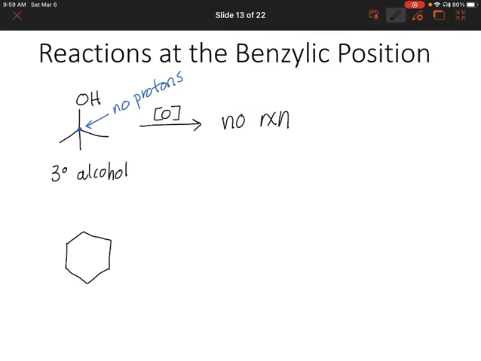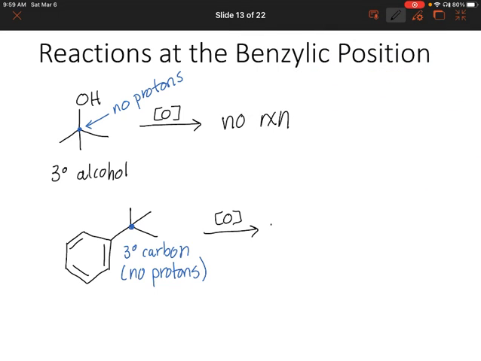So let's say we have a tertiary carbon at the benzylic position. Again, there are no protons there. So if you did add an oxidizing agent, nothing would happen.